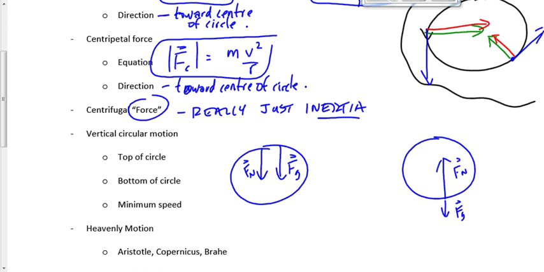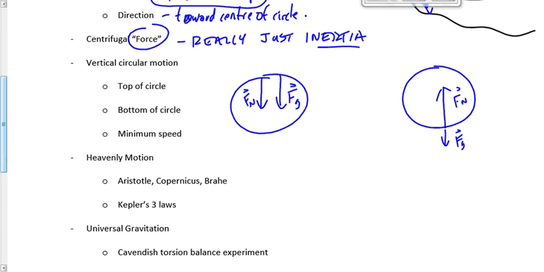Regardless of whether we're analyzing the top or the bottom of the circle, we need to set F net equal to the sum of the forces. So in both cases, F net will be equal to Fn plus Fg, just like we did a lot yesterday when we reviewed our dynamics unit.